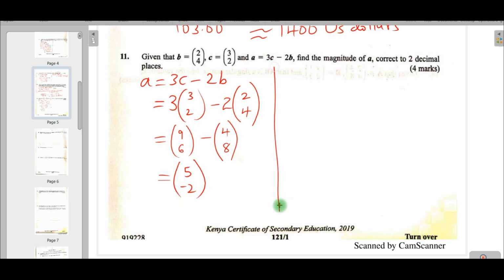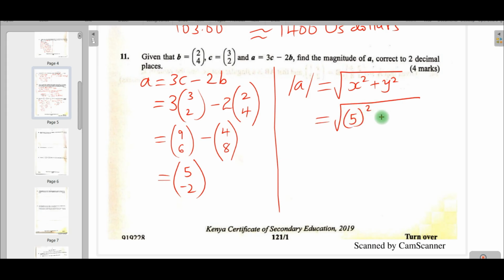And therefore, we need to find the magnitude or the size of vector A. It will be represented by the square root of the change in x squared plus the change in y squared. For our case here, x is 5, so we have 5 squared, then plus y is minus 2, we square it.